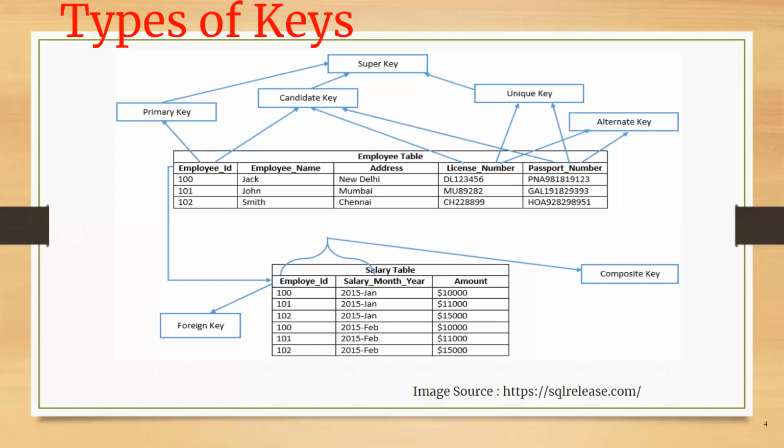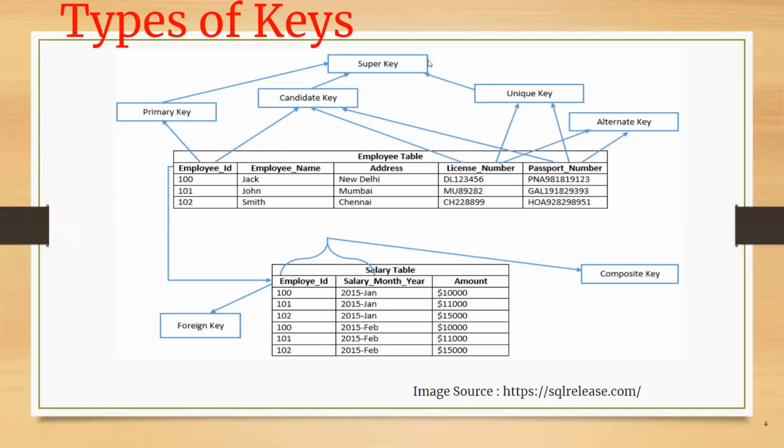Next, we are coming to super key. When I talk about super key, it is a set of columns on which all the columns of the data are functionally dependent. So it is a set of columns that uniquely identifies each row in the table. Here in this example, the employee ID, your primary key, plays the super key role, because that is the only column in your table which will uniquely identify all the records.